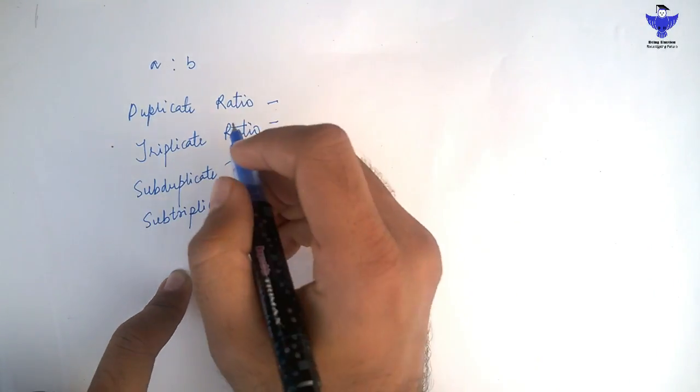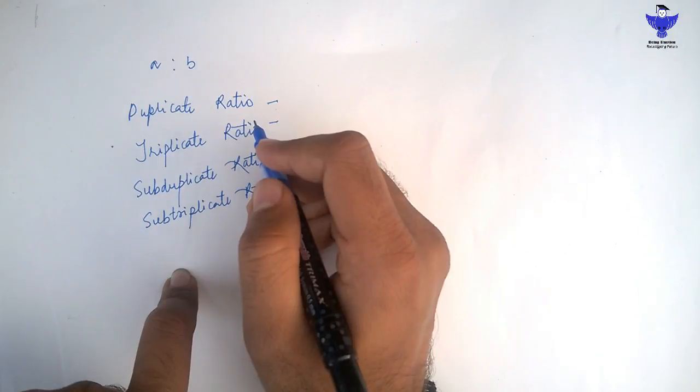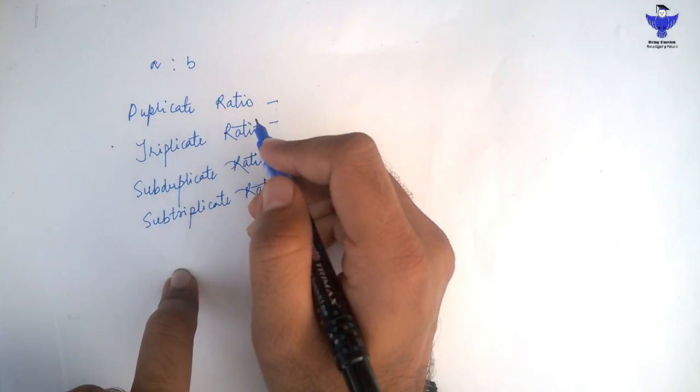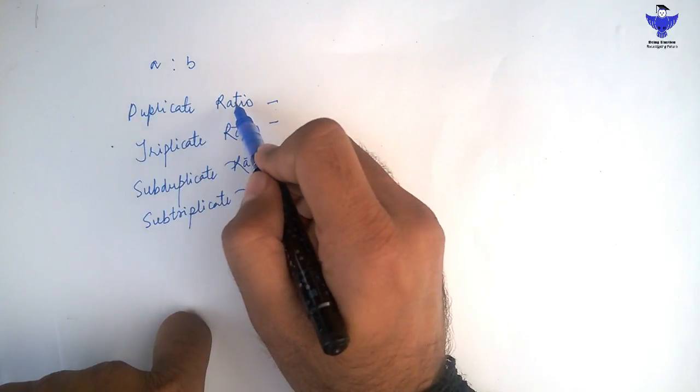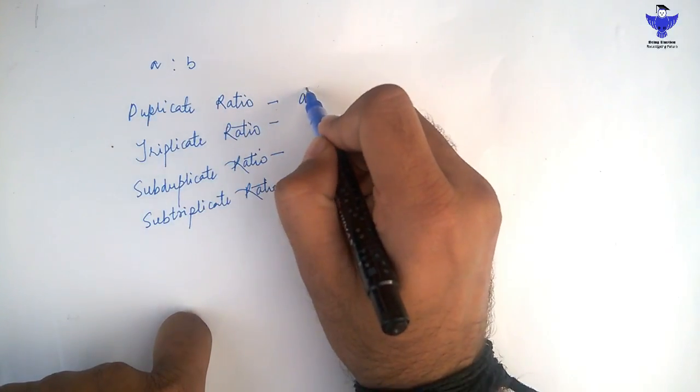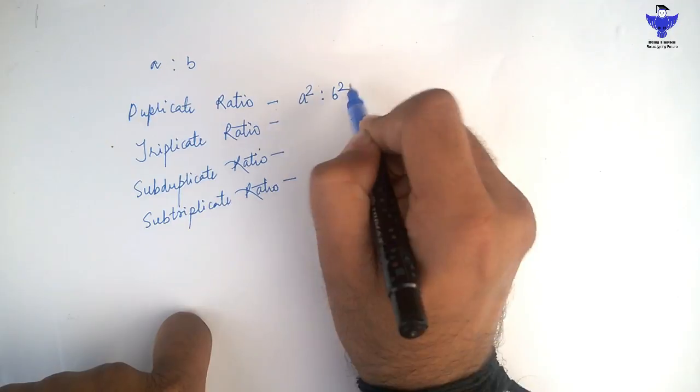Then what do you mean by duplicate ratio? It is equal to the ratio of the squares of two numbers. If we consider this ratio, then the duplicate ratio will be a square is to b square.